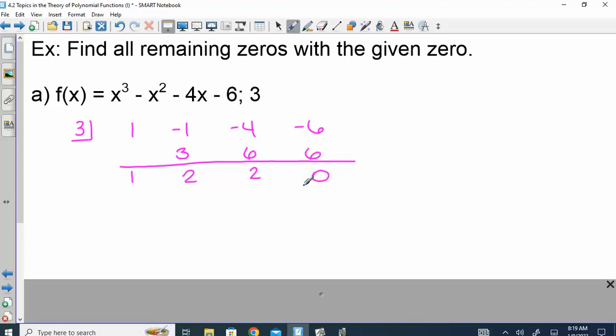What would happen if I didn't get 0 right here? It'd be a remainder, you'd have x plus 3, or the remainder over x plus 3. So would that really have been a factor or a 0 then? No. If I'm telling you it's a 0, your remainder should turn out to be 0. If it doesn't, you've made a mistake, or maybe you made a mistake on the question.